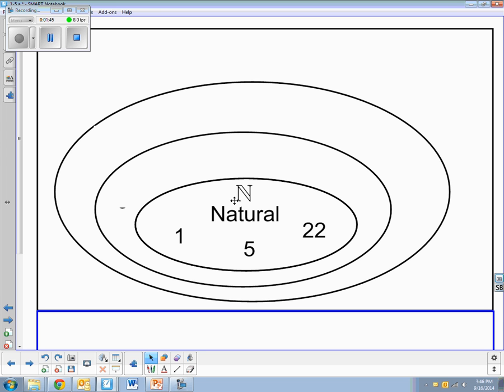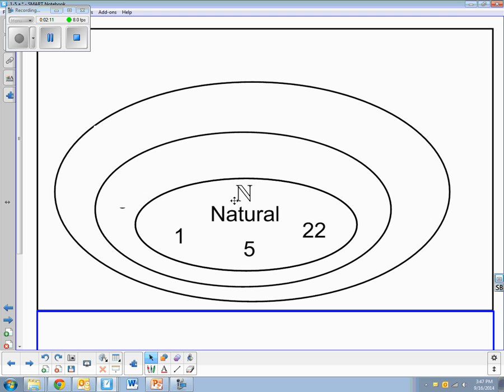Positive whole numbers, no negative numbers. You don't have -5 zebras. That doesn't make any sense. If you break a stick in half, you have 2 sticks. But counting. So those natural numbers are your basic set of numbers from 1 to infinity.